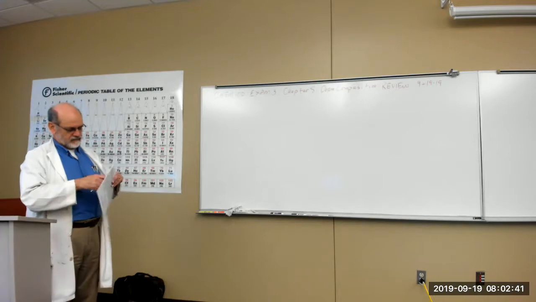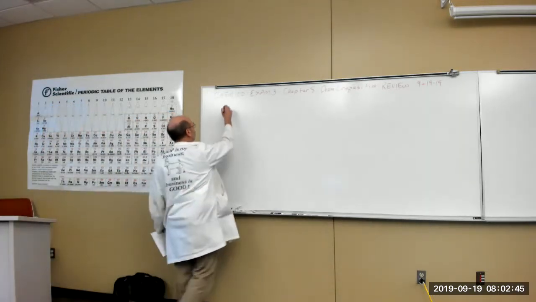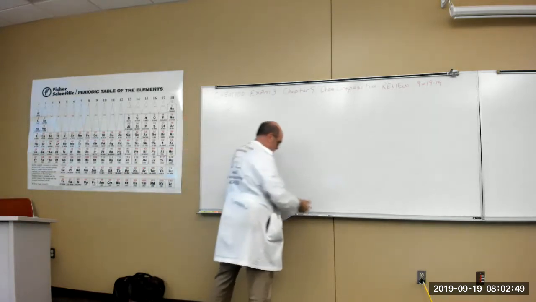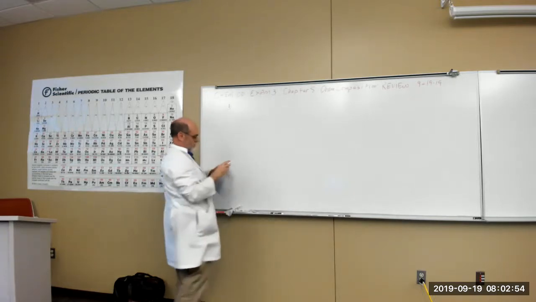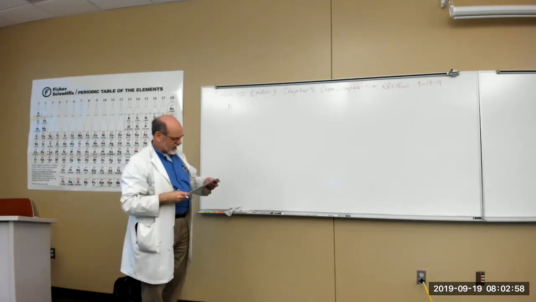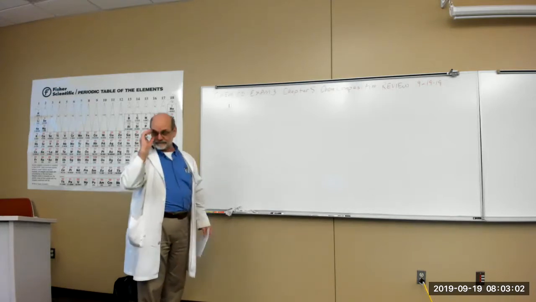All right. So let's just try the first one in this chapter. That one's not going to last very long. Not this one. That's better. This one is asking for the number of grams in 2.58 moles of sodium carbonate.